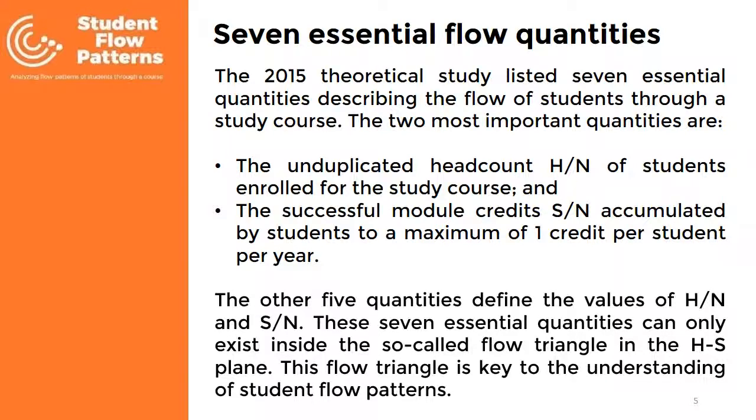The other 5 quantities define the values of H/N and S/N. These 7 essential quantities can only exist inside the so-called flow triangle in the HS plane. This flow triangle is key to the understanding of student flow patterns.